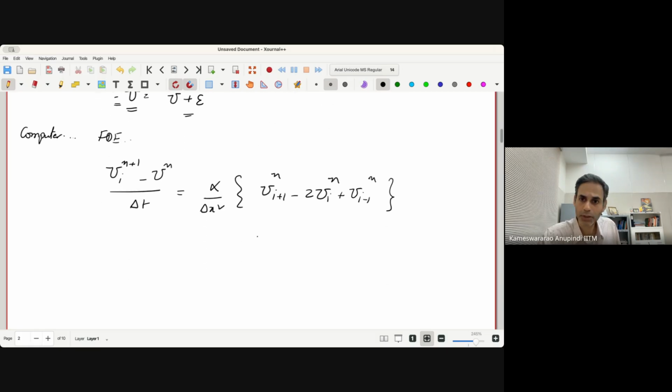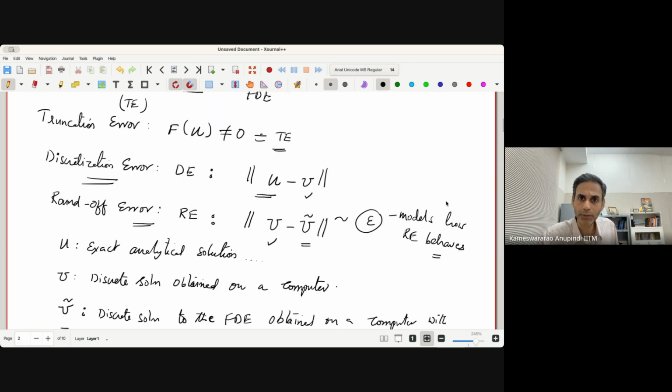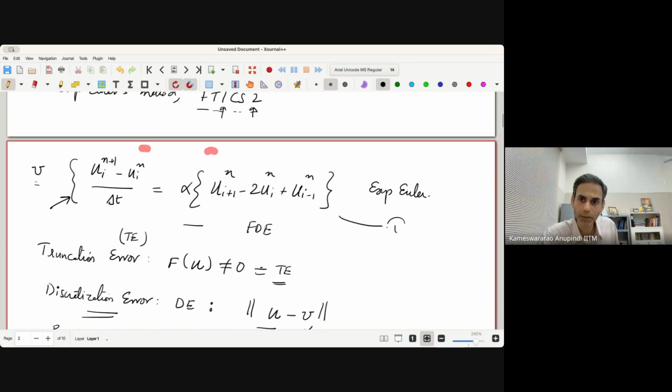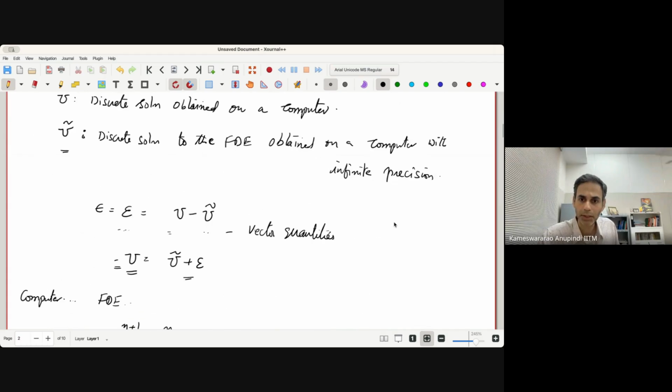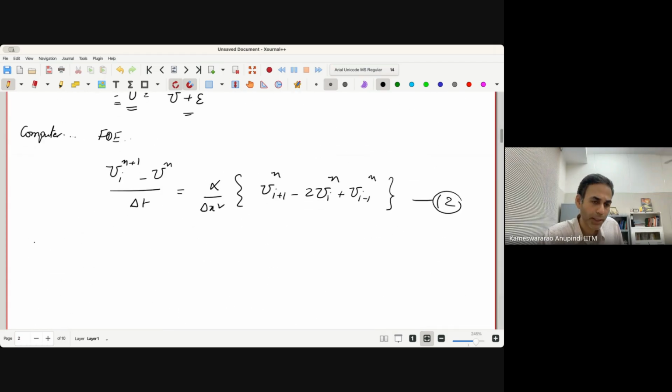Let me call the previous equation equation 1. Now, let us say we solve this equation on an infinite precision computer.